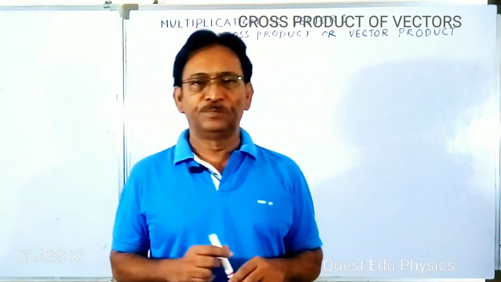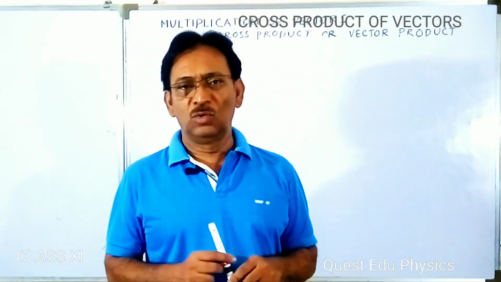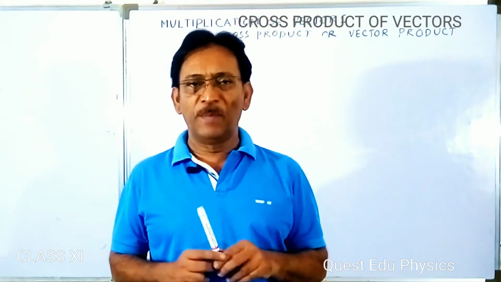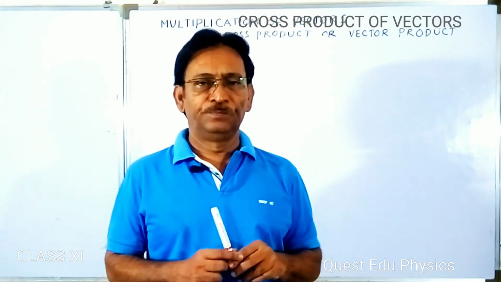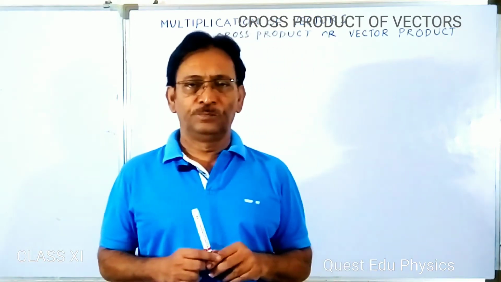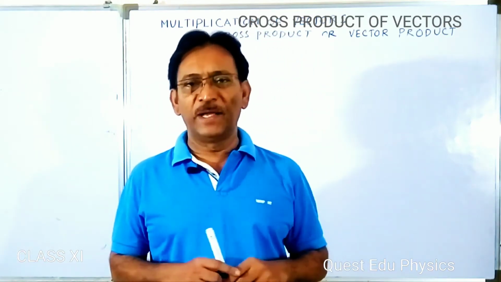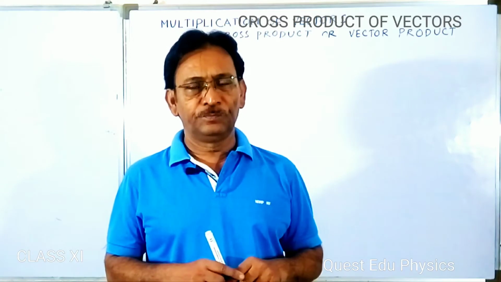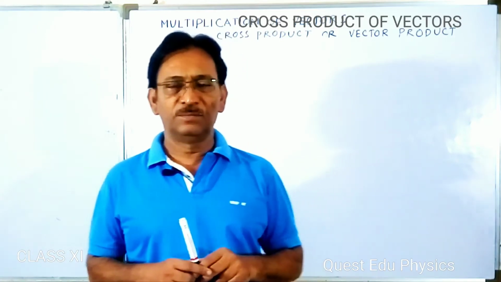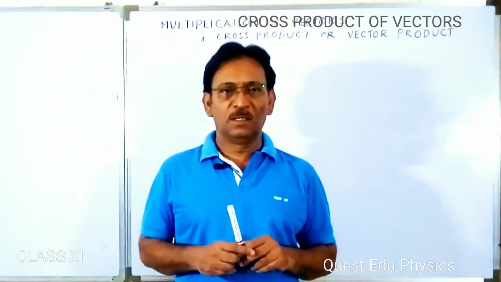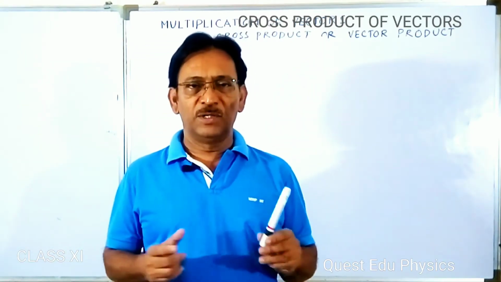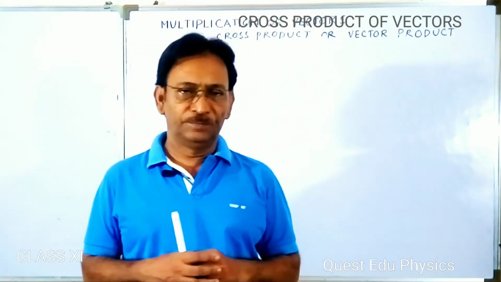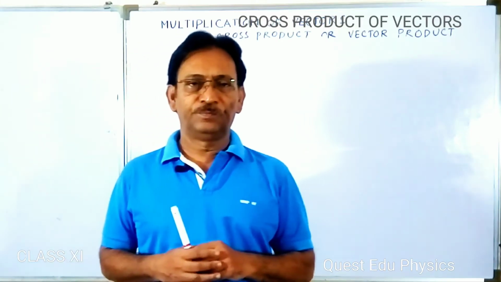the vector which is equal to the product of the magnitudes of the two vectors with the sine of the angle between them, and its direction is perpendicular to the plane in which the two vectors are lying. I repeat it.